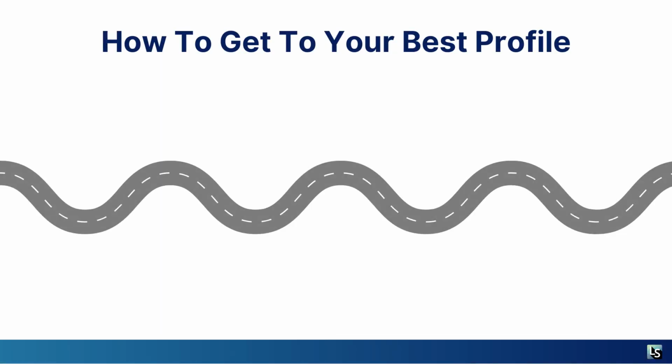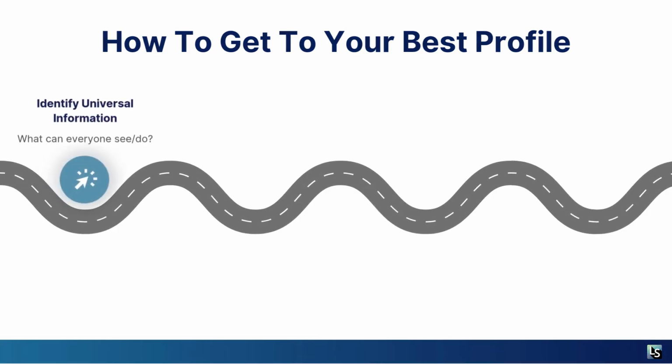So how do we get from here to there? The first thing that I always recommend is to identify universal information. What is it that everyone can see or do in the case profile?